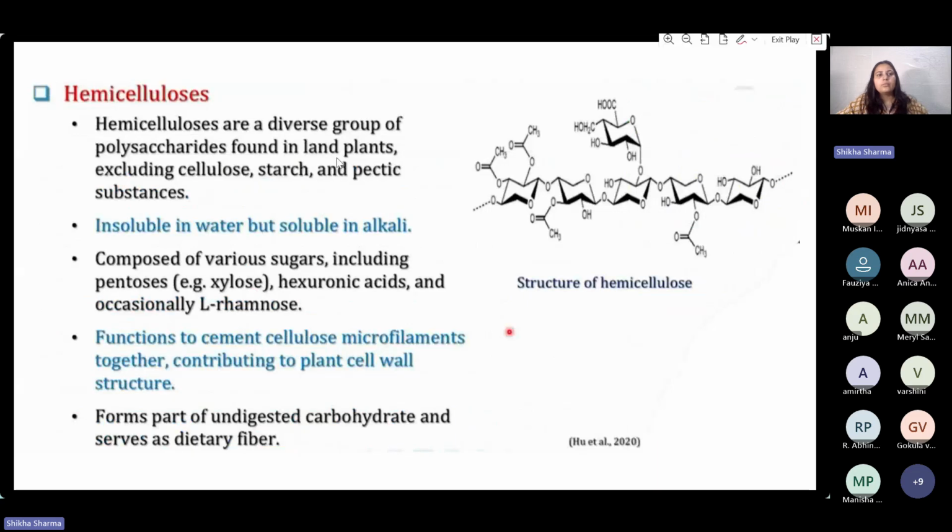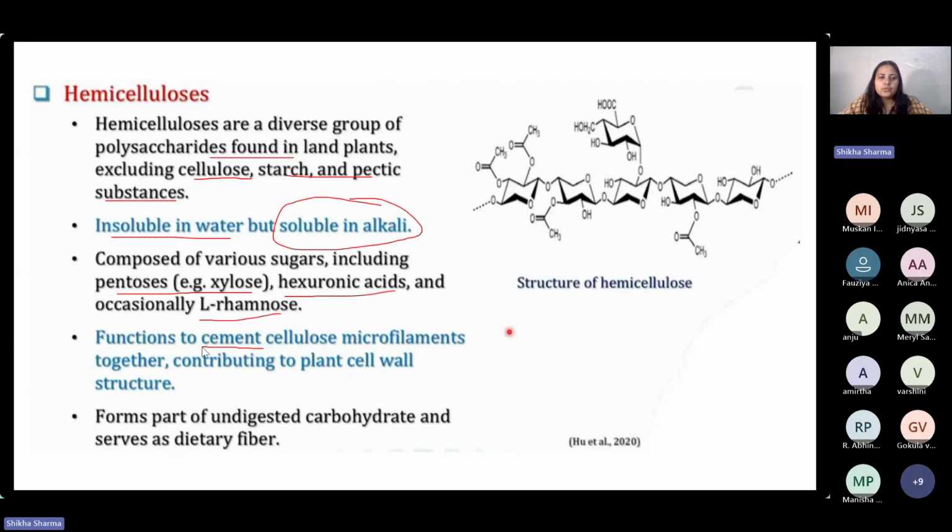Hemicelluloses are a diverse group of polysaccharides found in land plants, excluding cellulose, starch, and pectic substances. They are composed of pentoses like xylose, then hexuronic acids, and sometimes rhamnose. They are also insoluble in water, but soluble in alkali.